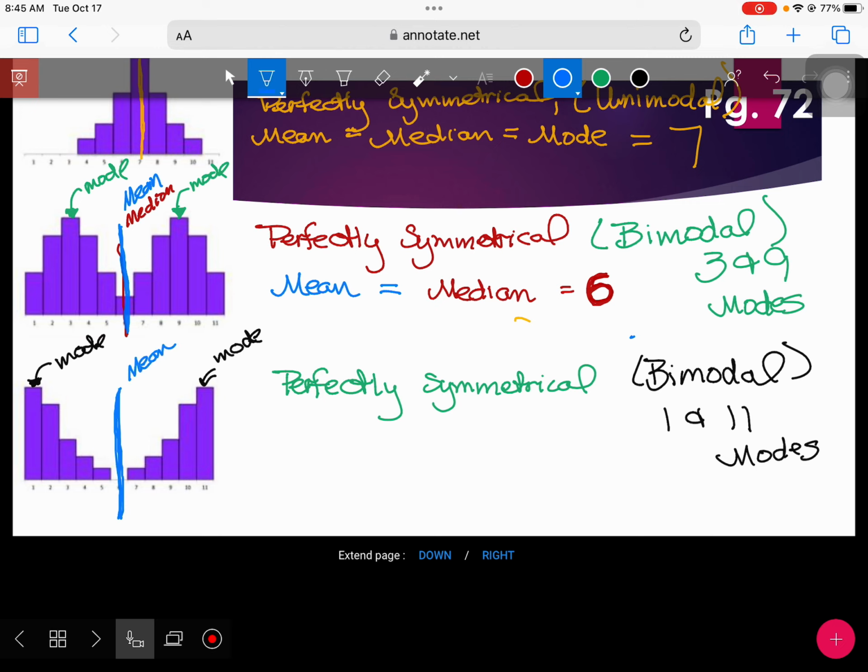But if you're finding the mean and the median, for the median you have to have the same amount of area on both sides. So here, the mean is equal to the median, which is equal to what value? 6. Yes.